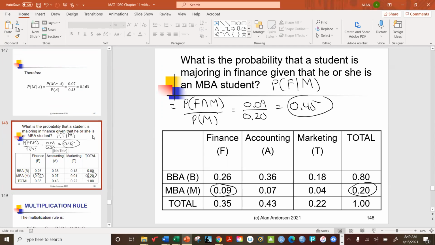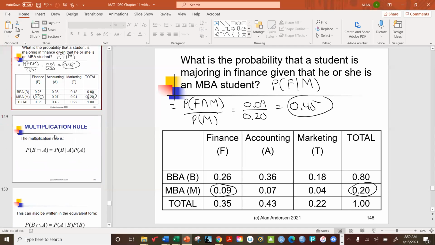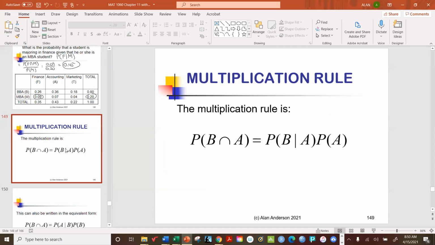Now, we finally are ready to introduce the multiplication rule. And you'll see why all this buildup was necessary, because the multiplication rule is defined in terms of conditional probabilities. Now, it turns out there's actually two equivalent ways of expressing this rule. So we'll look at them both. So here's the first way.